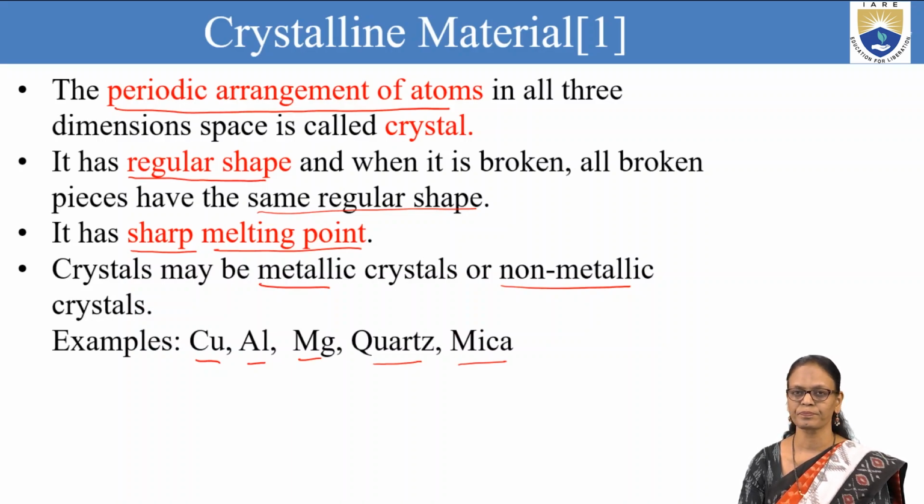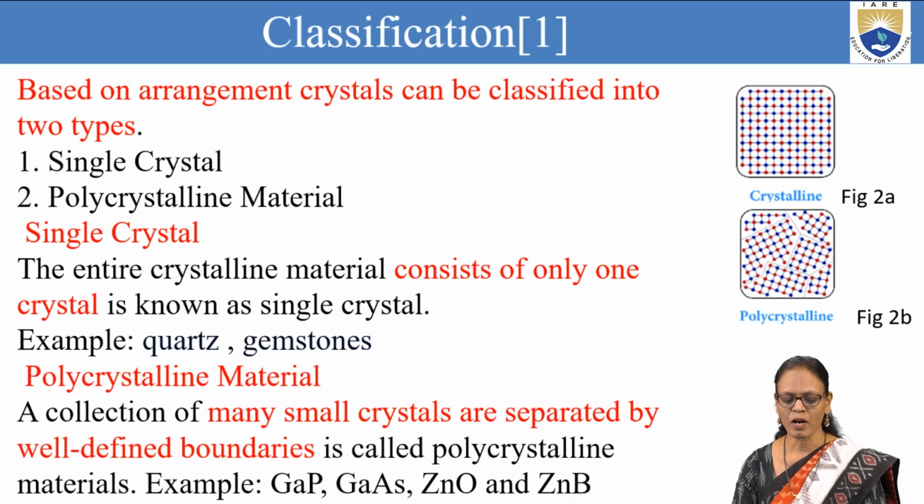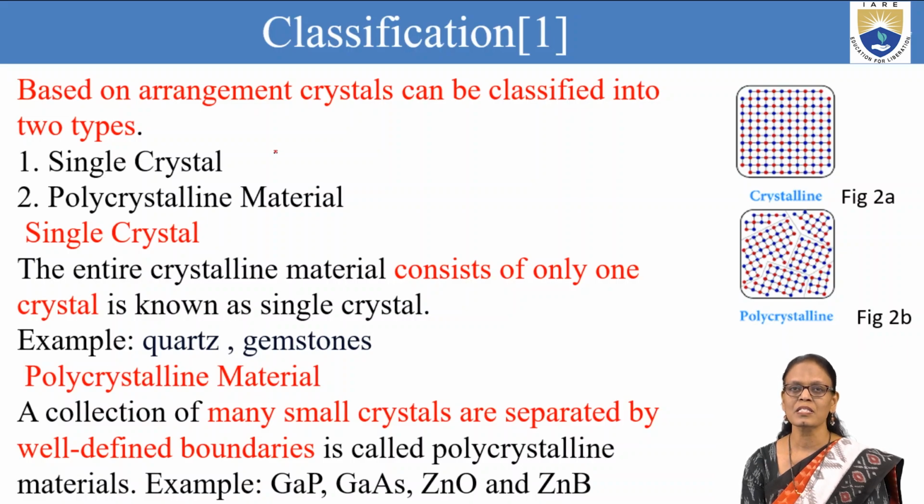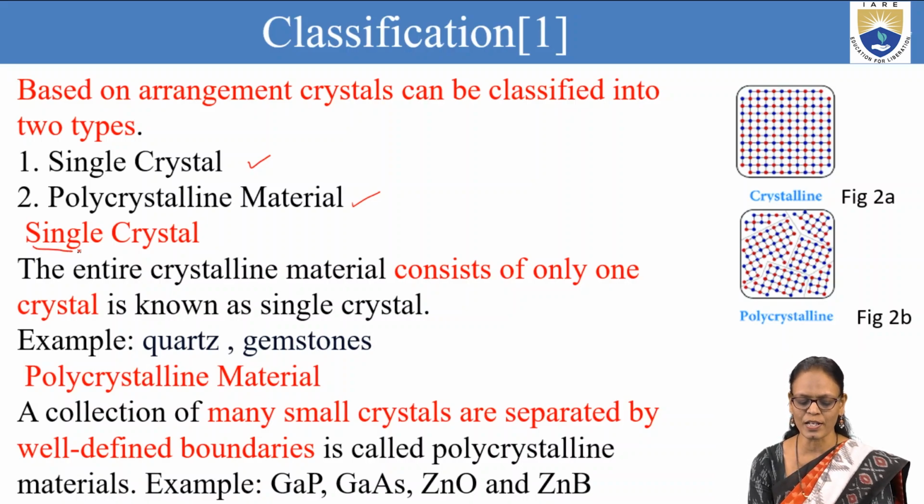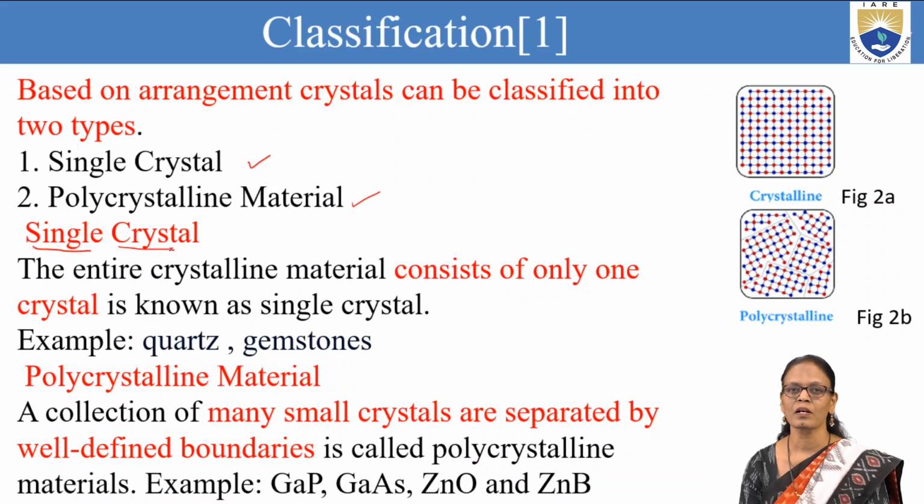Now coming to the classification based on the arrangement of atoms. We have single crystal and polycrystalline. We will first see what a single crystal is. If the entire crystalline material consists of only one crystal, then we call it a single crystal.